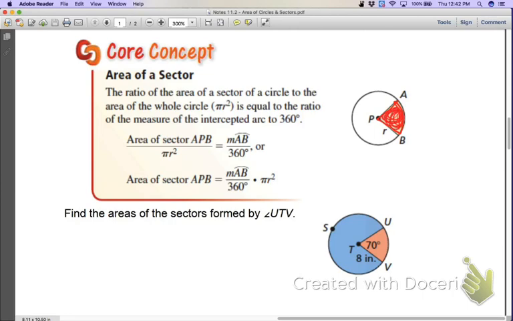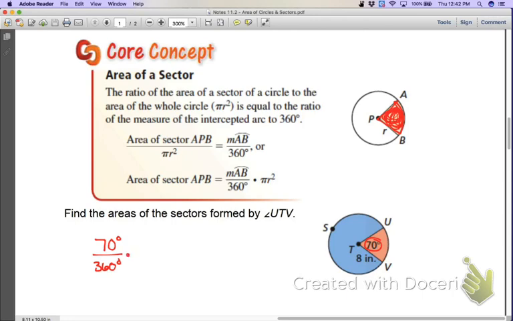Okay, how much did I take out? What is the area that I have? So it says find the area of the sector formed by UTV. So in this case, if I take out 70, I'm basically going to set it up the same way and have 70 degrees divided by 360 because that hasn't changed. It's still 360 degrees all the way around.